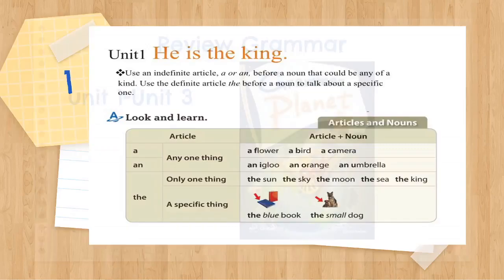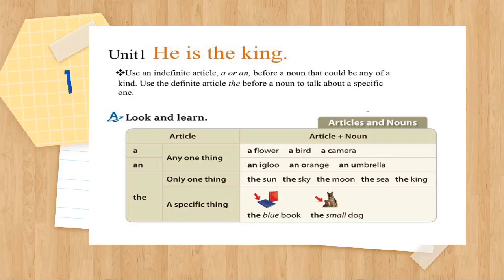Okay, so today we will focus on unit 1, the title is "He is the King." This one we focus on articles and nouns, right? Let me explain to you.